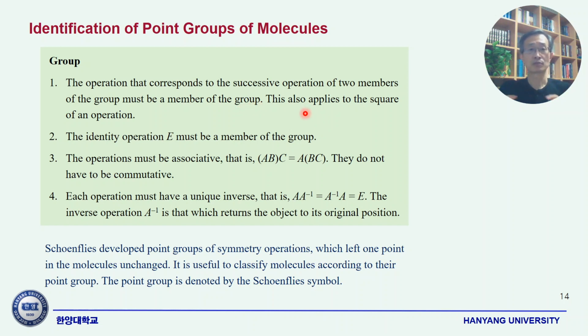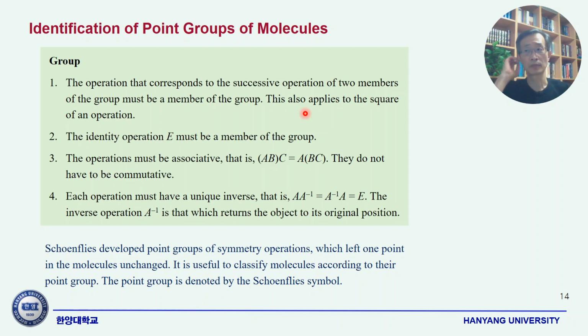This also applies to C6: if you do C6 twice for the benzene molecule, which is the C3 operation, you must have a C3 operation in the benzene group, because there must be one symmetry operation that corresponds to those two C6 operations.